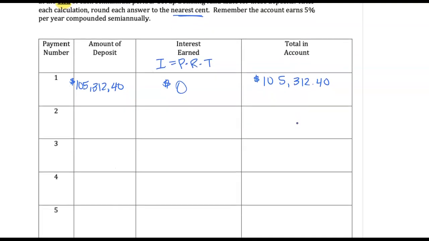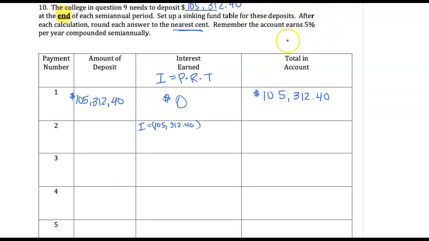For the second row, remember that you want to calculate interest first. So for I equals PRT, our principal is the amount in the account, $105,312.40. Our rate is that 5%, 0.05, and our time is semi-annually, which means half of a year.